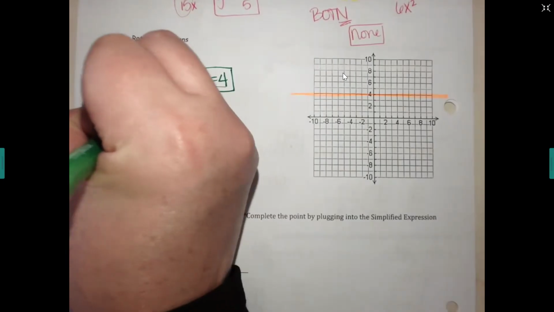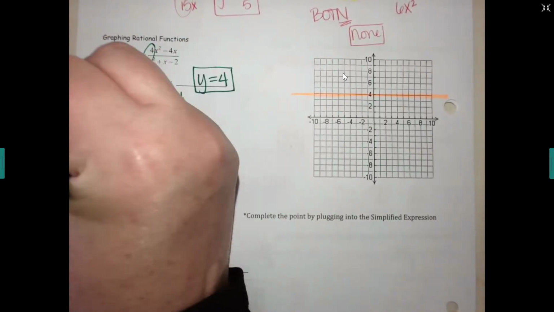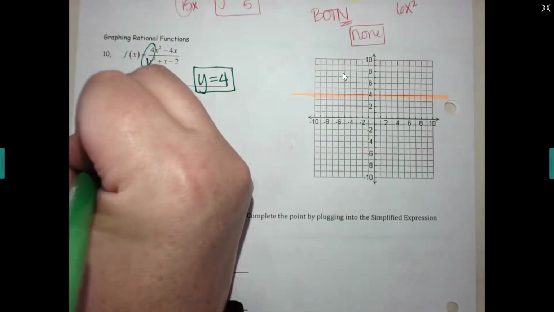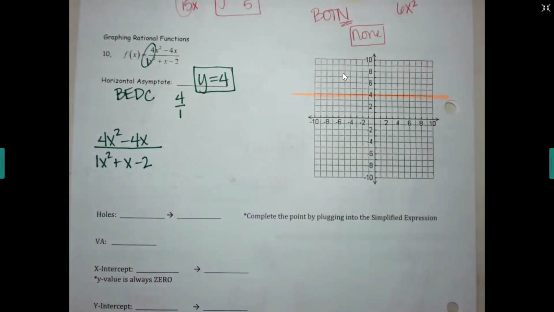So let's review. We need to factor the top and the bottom. If I have 4x squared minus 4x, how can I factor the top of that? Your choices are GCF, perfect squares, or AC chart. GCF.